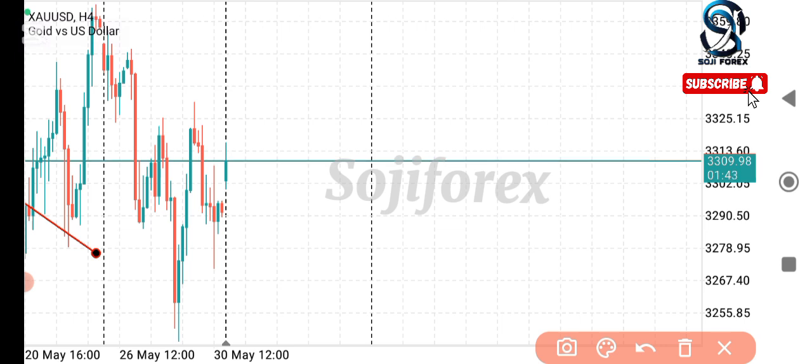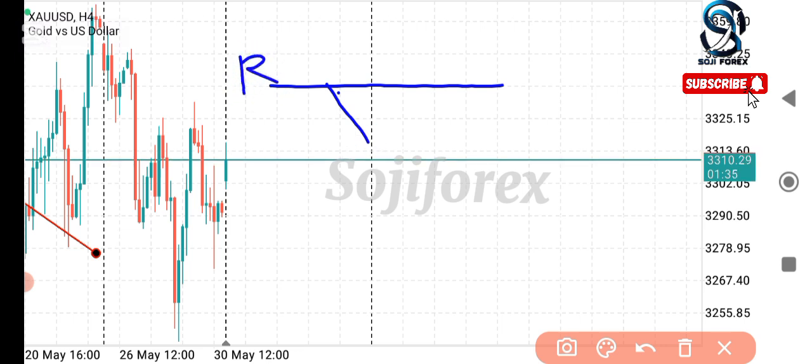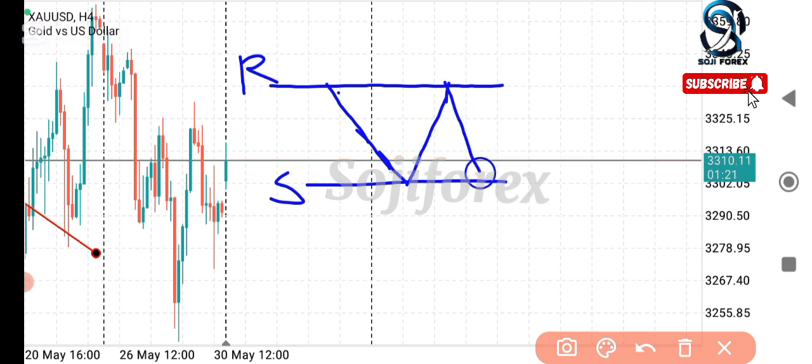And in this scenario, price left this resistance zone, came down, this is resistance, price came down and gave us a support zone, and then probably price went back again, respected this resistance zone, came to this support for the second time and broke through it, and then automatically we know that this is a break of the support zone.